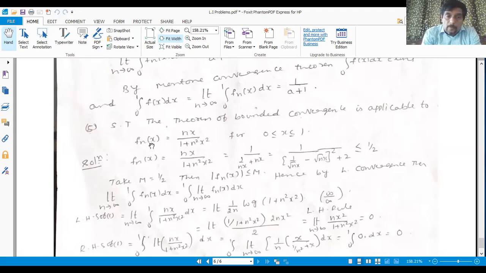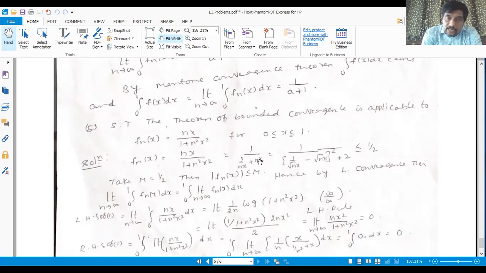Here, the given problem is fn(x) = nx divided by (1 + n²x²). Take n²x² as a common factor in the denominator, the highest power. Then this becomes 1/(nx) plus nx.